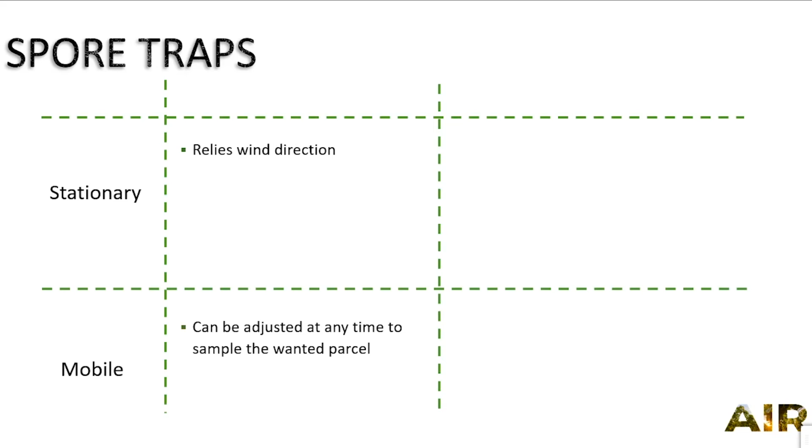Then traps can be stationary or mobile, meaning that they either use equipment that remains on the ground or perched on a fixed pole, or in the other case, equipment that can be carried in the field and placed wherever need be.